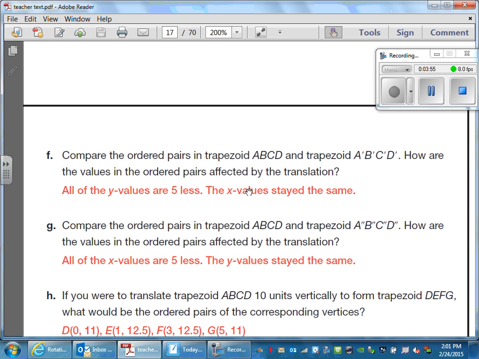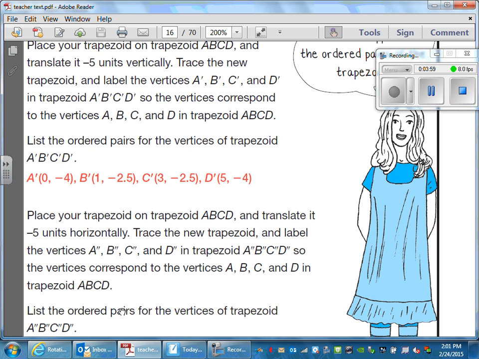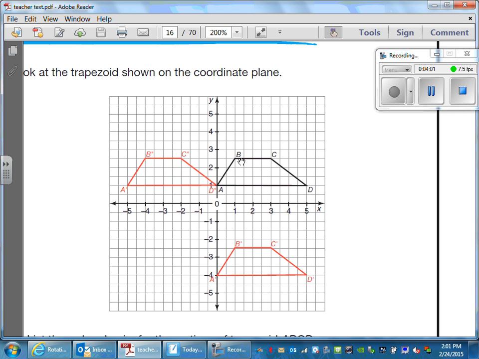Now I'm going to talk about H. If I were to move this pre-image up 10 and call it D, E, F, G, well, 1, 2, 3, 4, A, B, C, D, they have to coordinate. So since it's called D, E, F, G, A would start with D. This would be E, this would be F, and this would be G, up here.